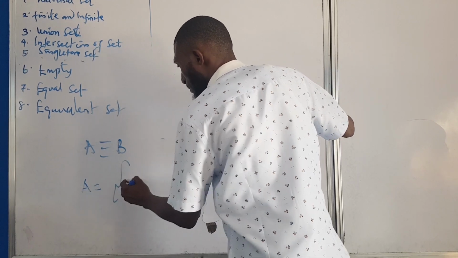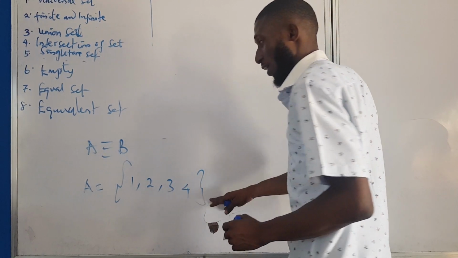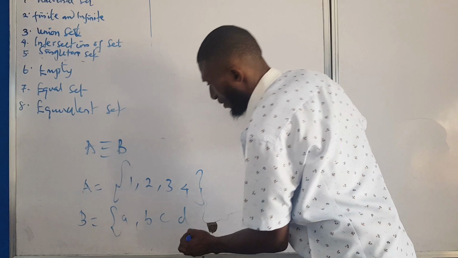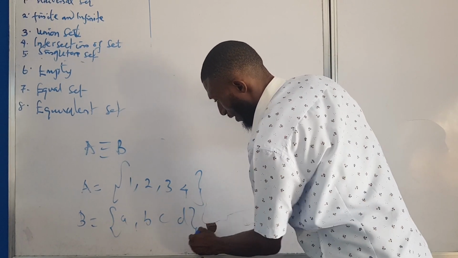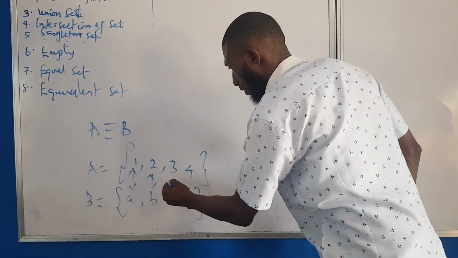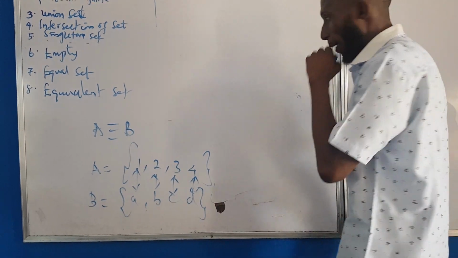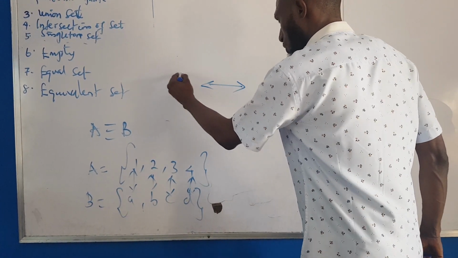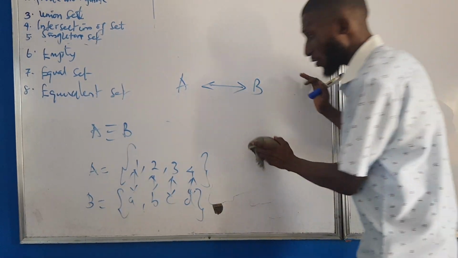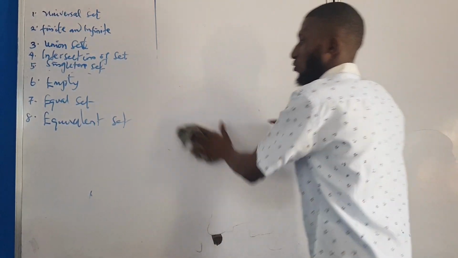Let's say A is 1, 2, 3, 4 and B is A, B, C, D. Like this, they are equivalent sets because each of them can be paired one by one. They contain the same number. We always use this sign at times to denote equivalent sets, an arrow with double edge. So that's equivalent sets.